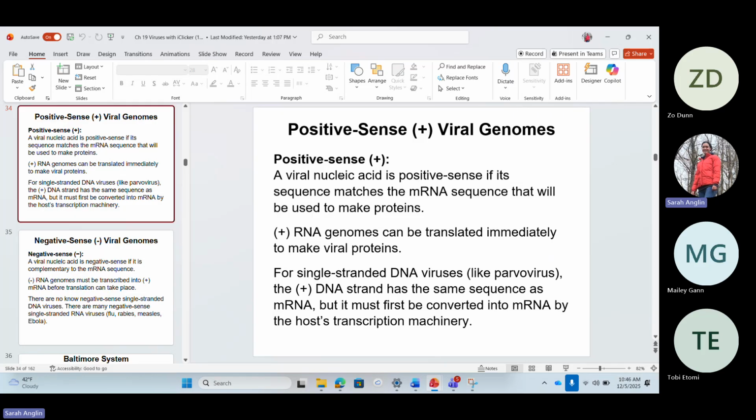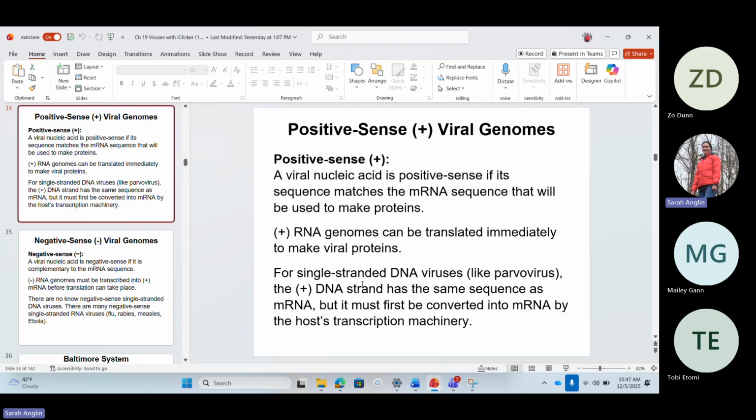So the viral nucleic acid, the genome that's contained within the capsid, is positive sense if that sequence matches the mRNA sequence that will be used to make viral proteins. But remember, the viral genome could be RNA or DNA. As long as it's a single strand, it is possible for it to be positive sense RNA or positive sense DNA.